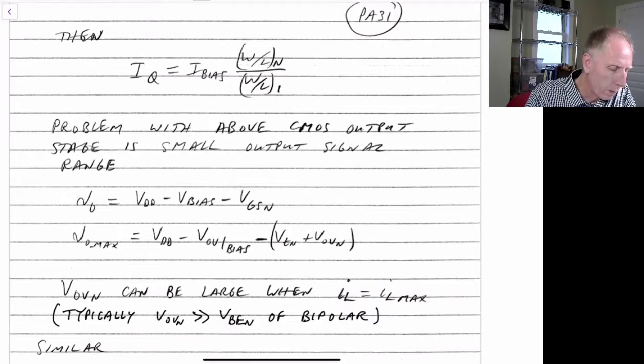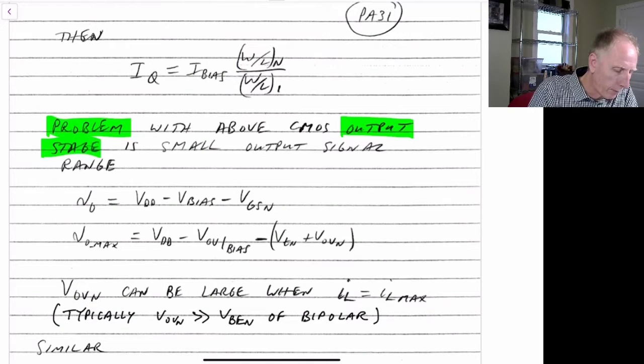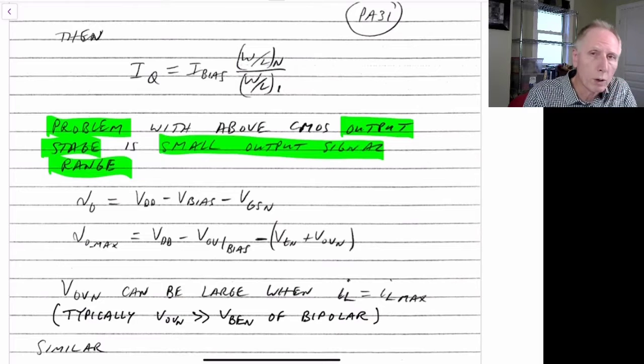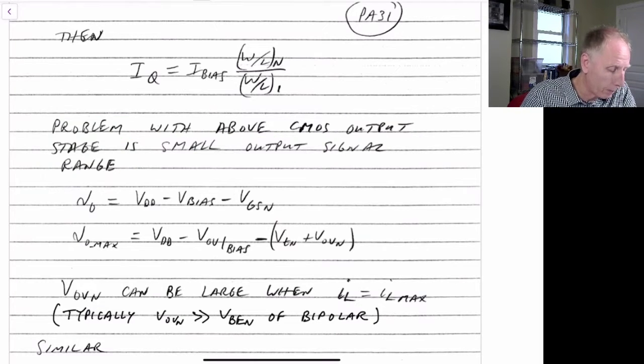Now, so that's how we can do our design for this, but we have a problem. The problem is that our output stage has a very small output signal range. So we can't go too close to the positive power supply, and we can't go too close to the negative power supply without it clipping.